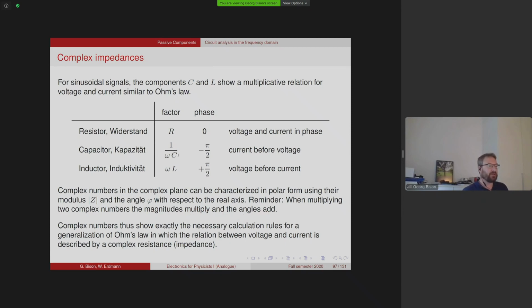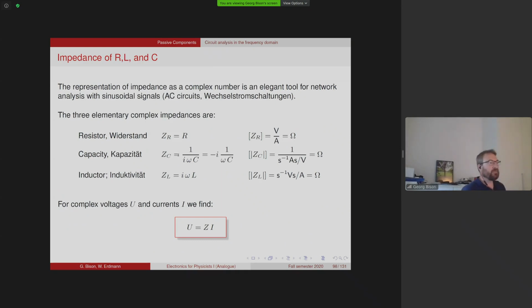And this is exactly what we have to do in order to define an extension of Ohm's law with which we can treat capacitors and inductors. So here we find the calculation rules that we need. And so what we can do is now we can define a complex resistance, which then is called impedance, which replaces the normal resistance in Ohm's law. So let's do that.